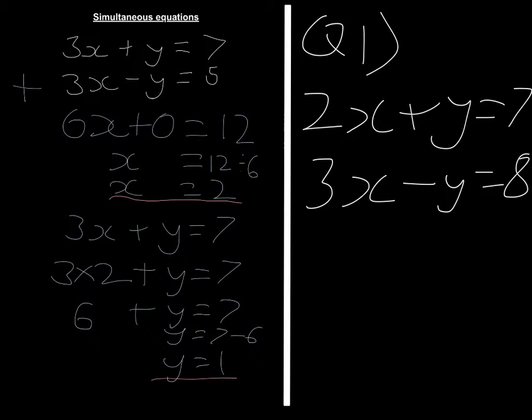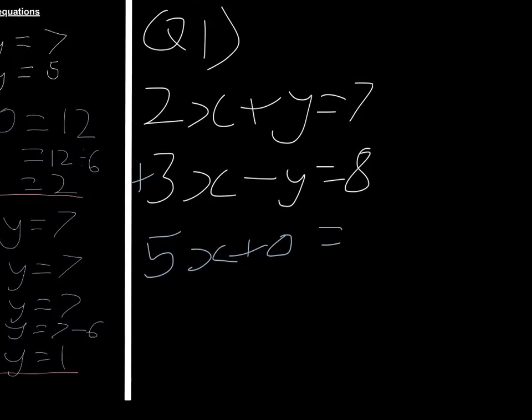So that means that I'm going to add the two together. 2x plus 3x is equal to 5x, plus y plus minus y, we've just said is the same as y take away y, which is equal to 0, and 7 plus 8 is equal to 15.